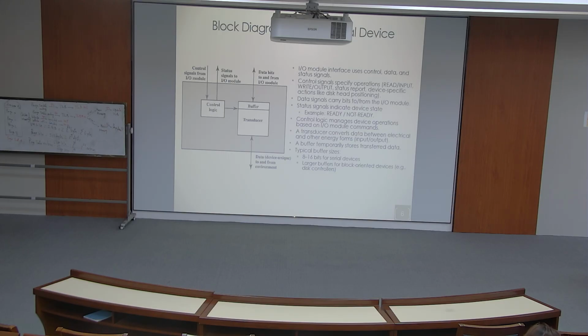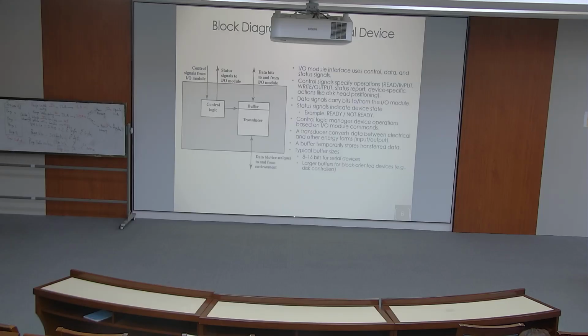Now, we have a buffer which is there to temporarily store the transmitted information. We have different sizes of the buffer depending on what type of device is in communication with the computer system. We may have an 8 or 16-bit buffer for serial devices, or a bigger buffer for block-oriented devices like the disk controller. Then we have the data to or from the environment.